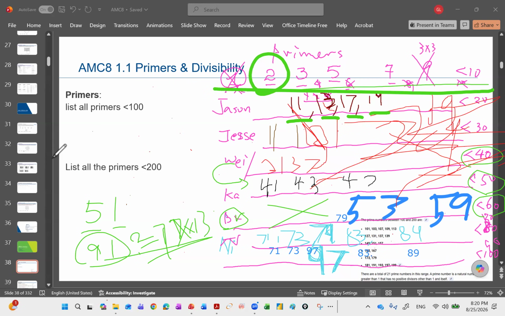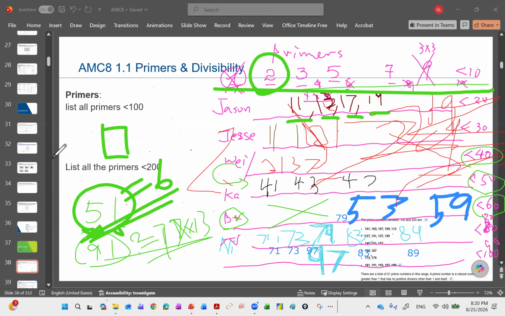Second thing, if the sum of the digits of a number, like 51, is divisible by 3, it has the factor 3.